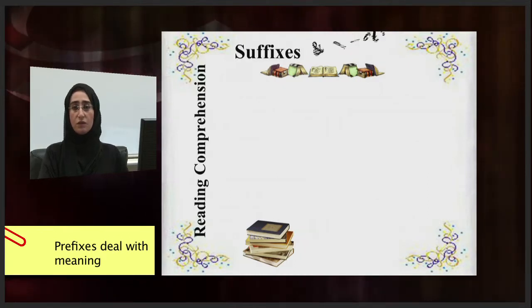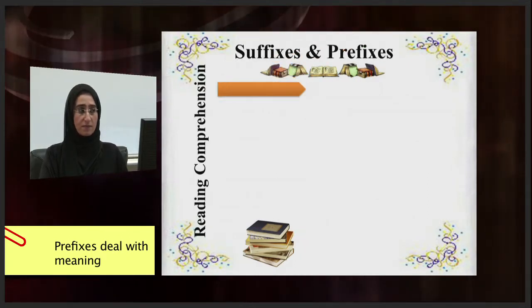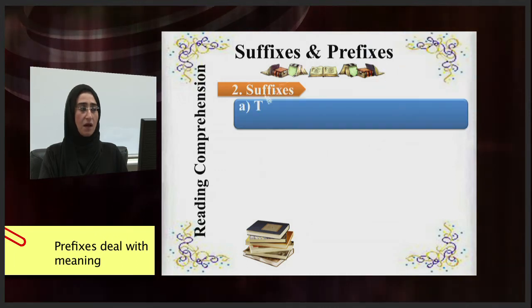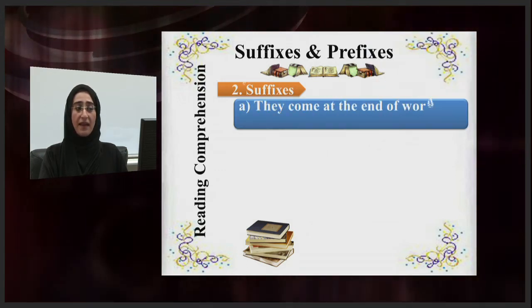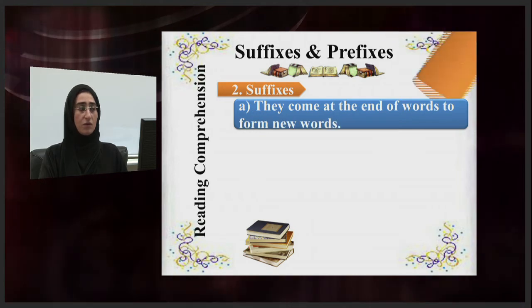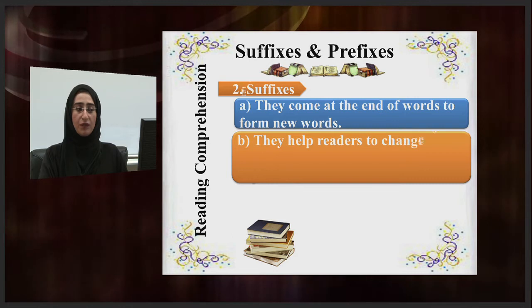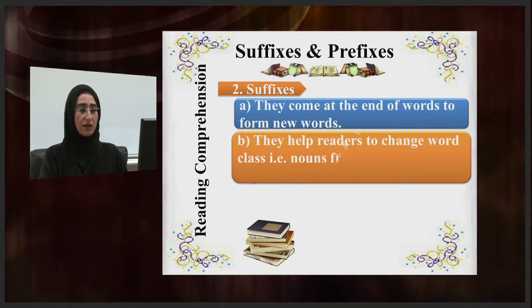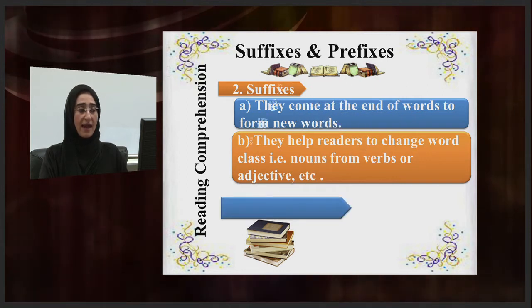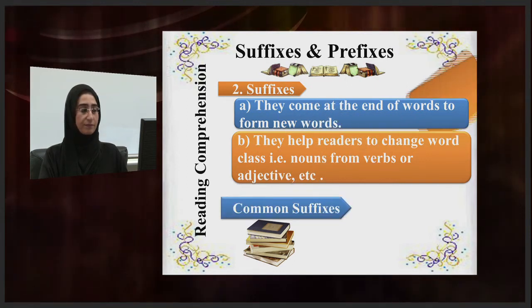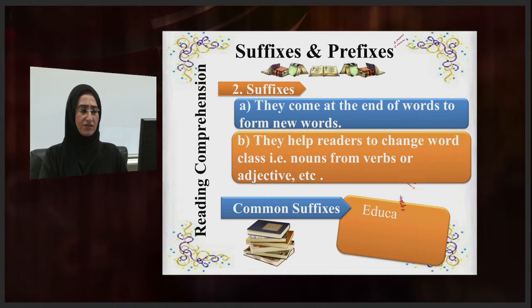Now, let's move to the suffixes. Here, suffixes come at the end of the words to form new words. They help readers to change the word class, for example a noun from a verb or adjective, and so on.